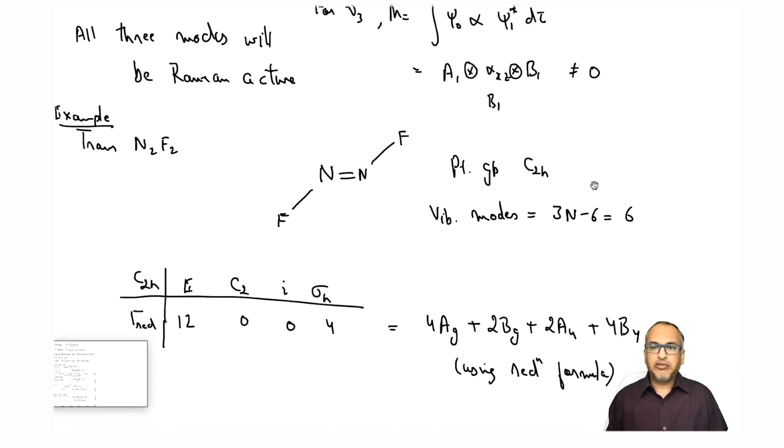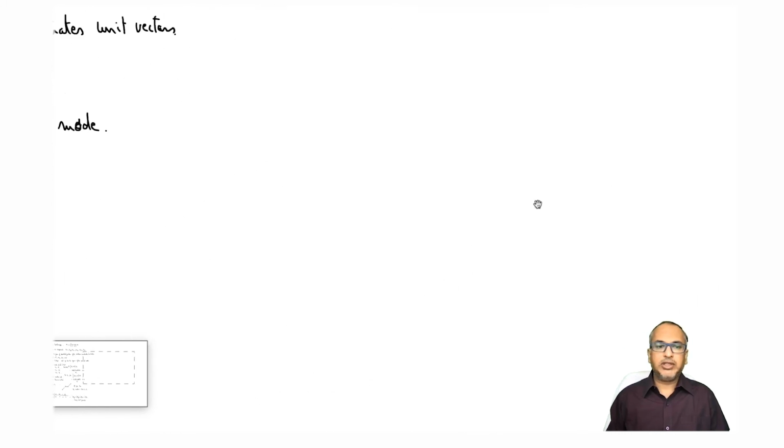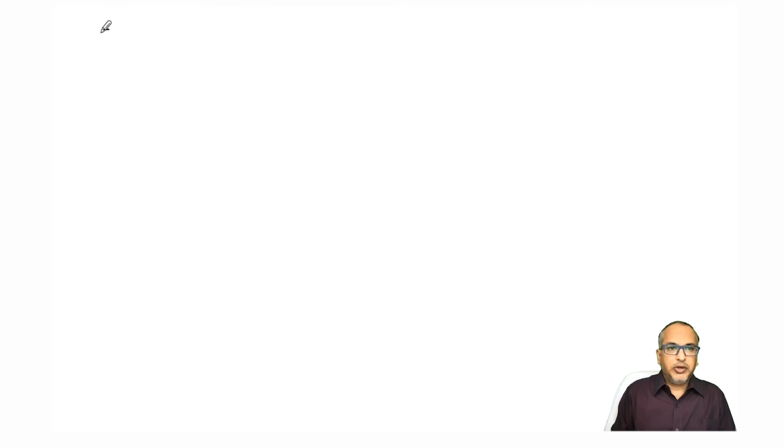Now, which of these vibrational modes will be IR active and which will be Raman active? How would we tell that? So we know that tau vibrational is equal to 3 Ag plus Au plus 2 Bu.